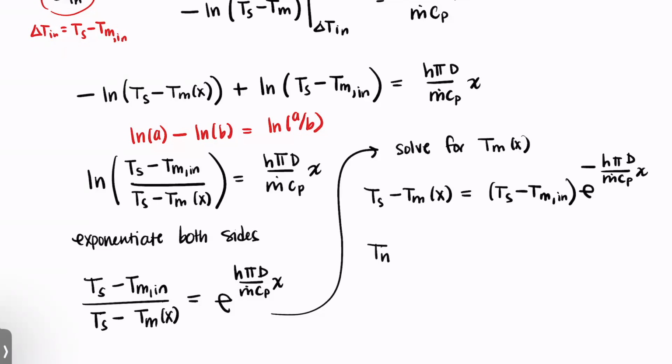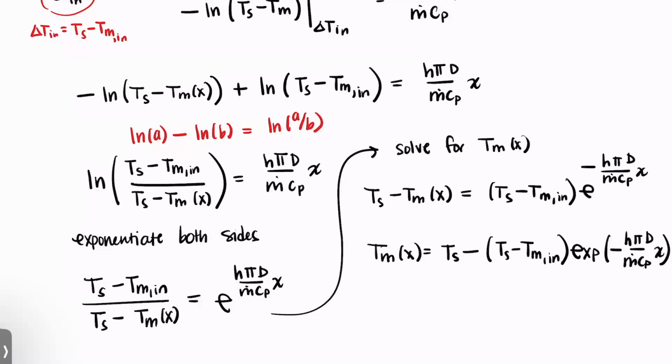So we have TM of X is finally equal to TS, oops, minus TS minus TM at the inlet, e to the minus h pi D over m dot Cp times x.